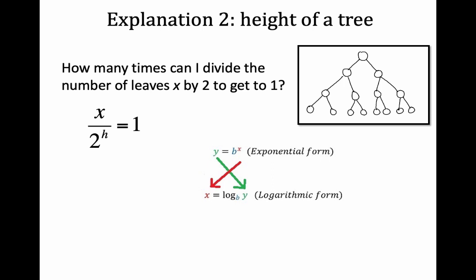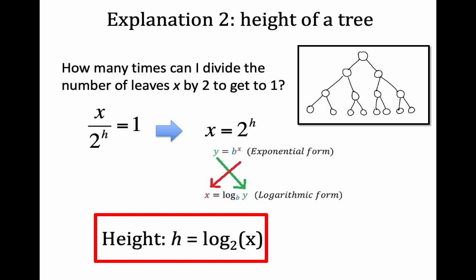And the number of those edges, that's our h. So in the tree shown on the top right, there's 3 edges from the top to the bottom. So to divide x leaves on the bottom in half, h times, we're going to get to 1.